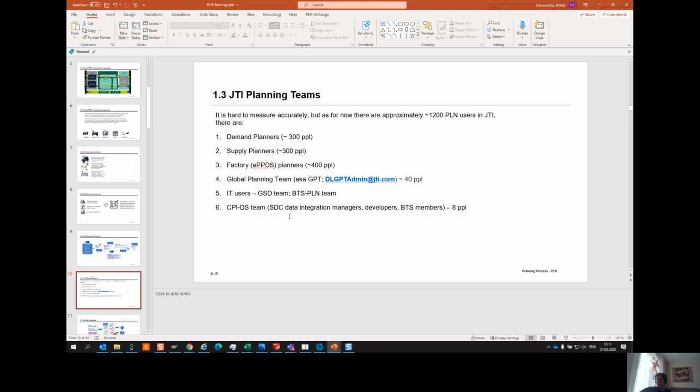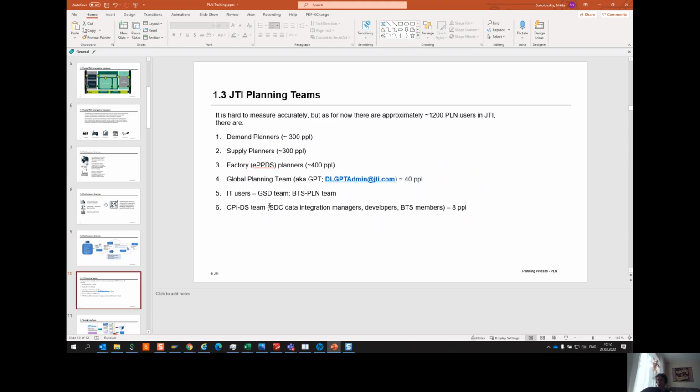Then, as I said, we have the global planning team, also known as GPT. Here is their mailbox. In some incidents, we need to contact them, but of course, I will mention it in more detail later. The global planning team consists of about 40 people.